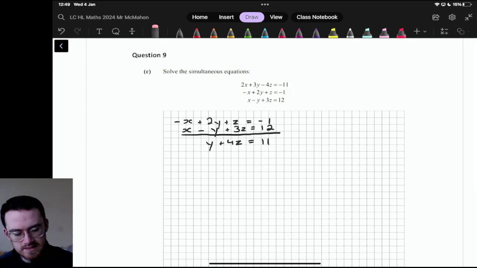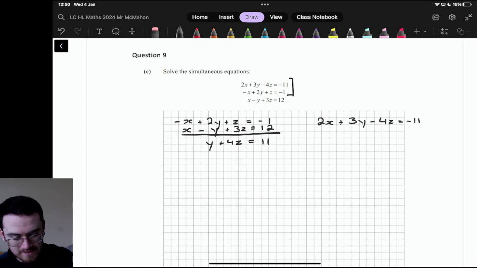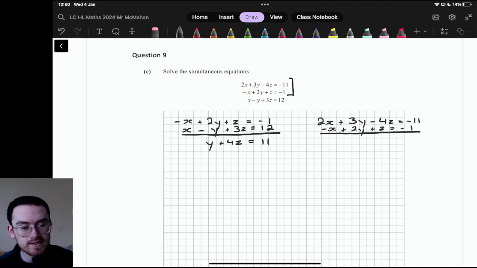Next we might take the first two for a similar reason. The first one obviously doesn't have any variables that will be eliminated quite as easily as the first two equations that we did, but we can see that we still have a positive 2x, and on the bottom we have now a minus 1x.